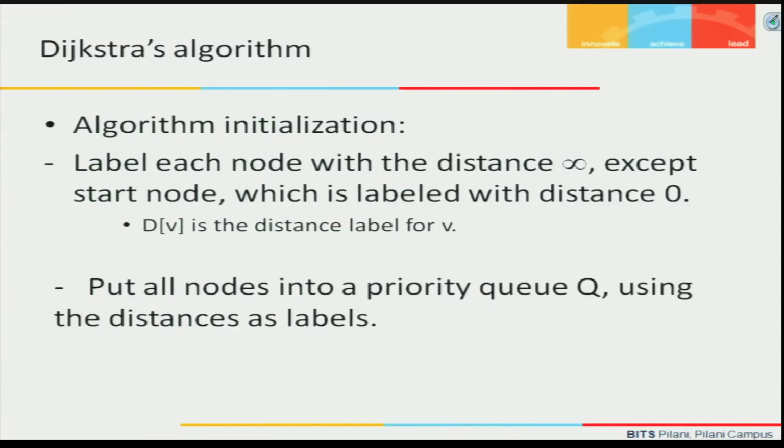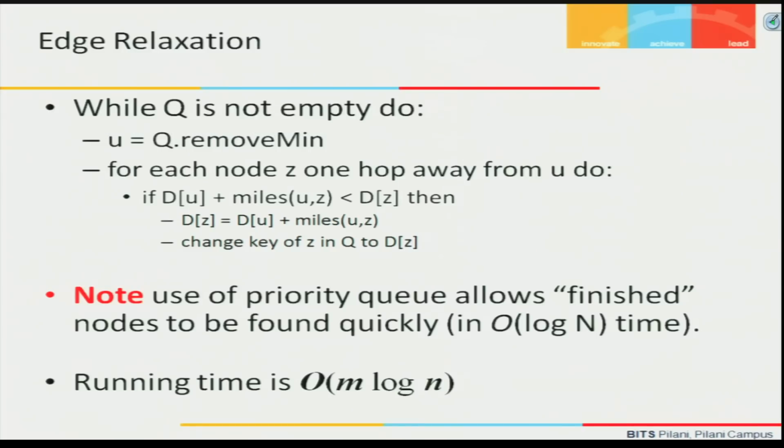So, the Dijkstra algorithm. Initially, we say all vertices except the source are at a distance infinity. We put all the nodes in a priority queue using the distances as labels. So, the priority queue is used as a structure for implementing Dijkstra's algorithm.